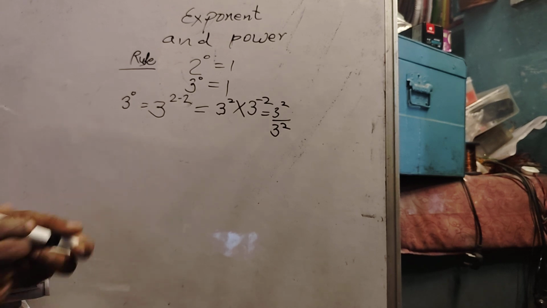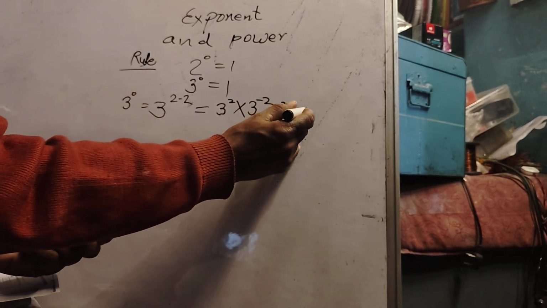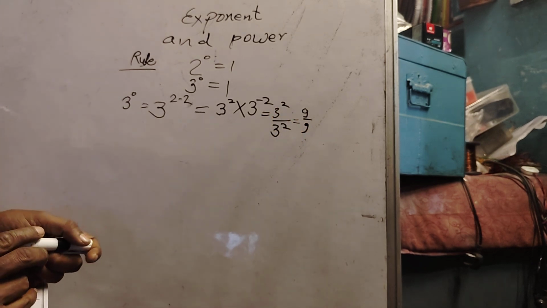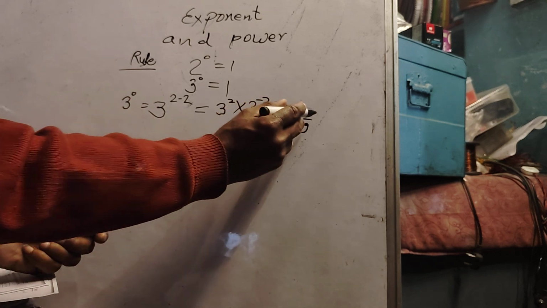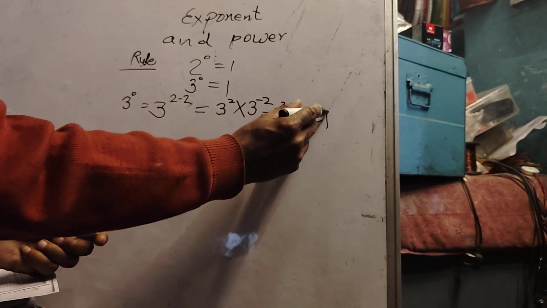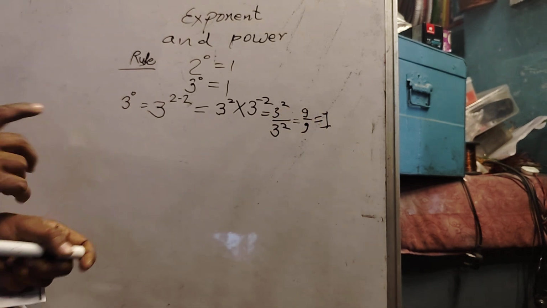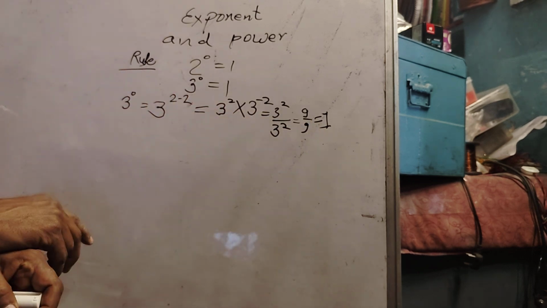Now you can say that 3 square is 9, and in the denominator it is also 3 square, so 9 in the denominator also, and 9 and 9 can cancel out one time. So we can say 3 power 0 is equal to 1.